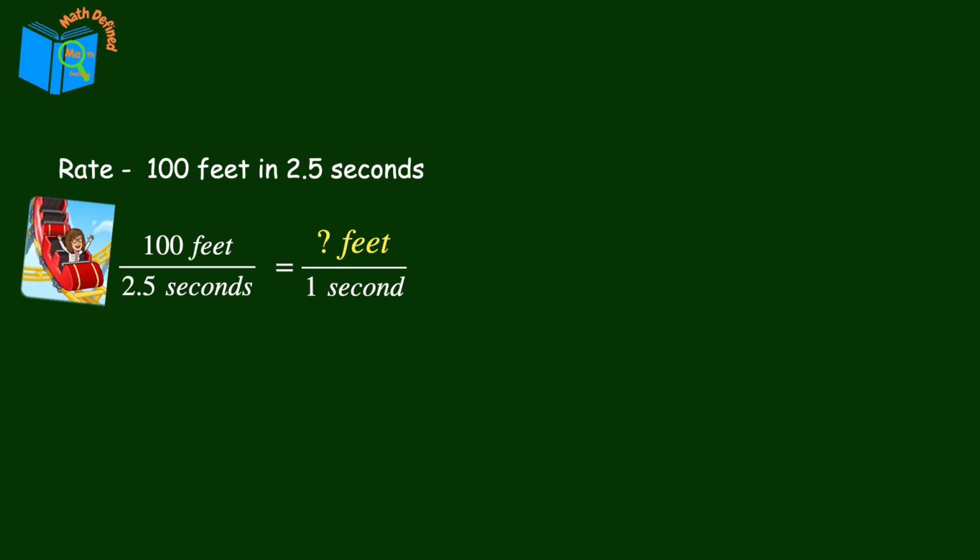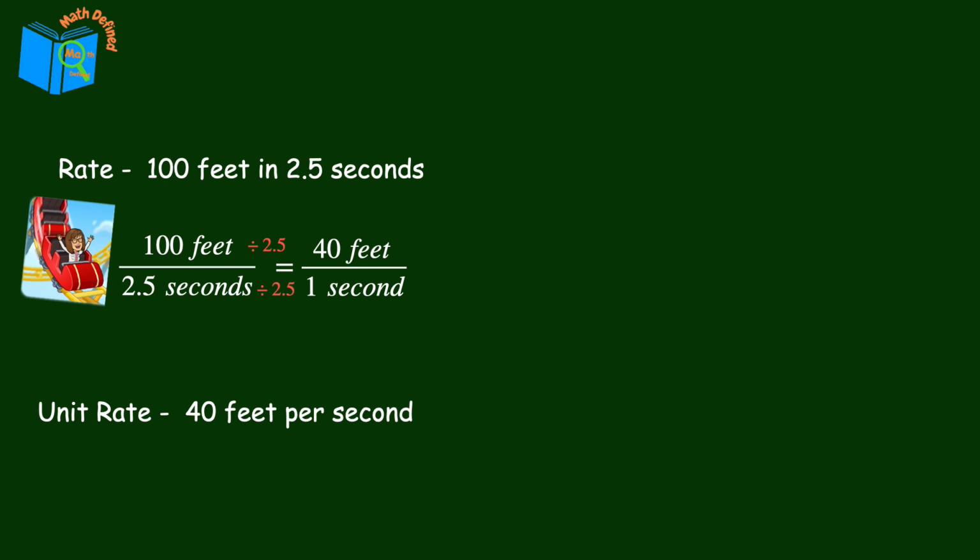We will use this equivalent ratio to find the number of feet per second. Dividing 2.5 seconds by 2.5 equals 1 second. So we'll divide 100 feet by 2.5 as well. This gives us 40 feet. So the unit rate is 40 feet per second.